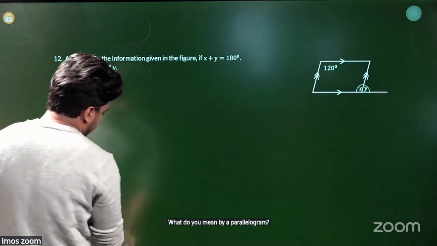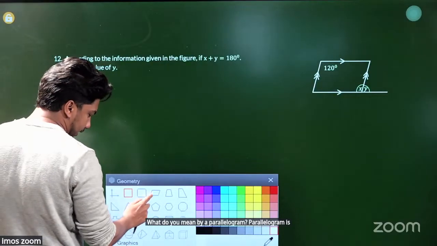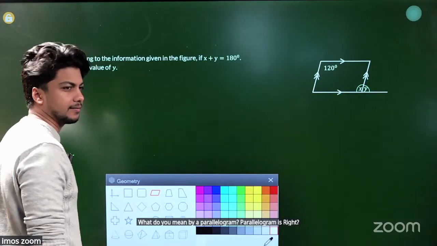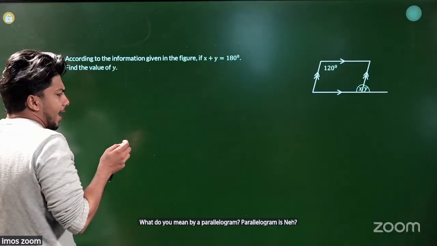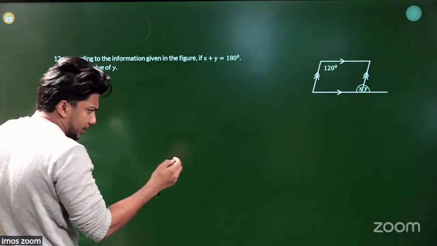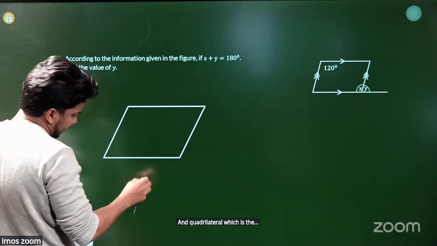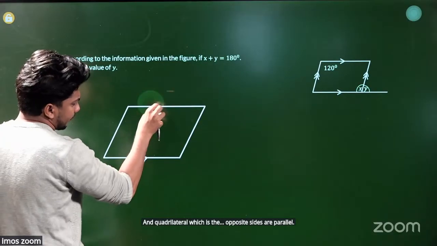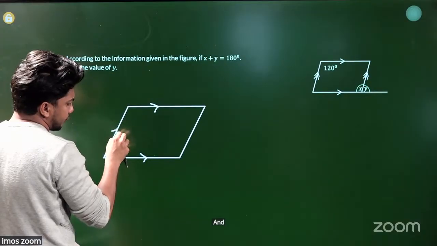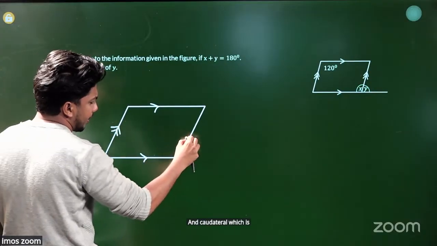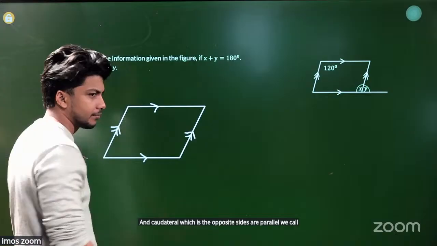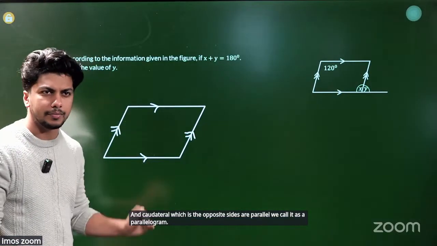A parallelogram is a quadrilateral whose opposite sides are parallel. We call it a parallelogram.